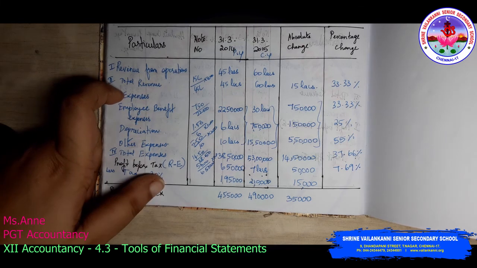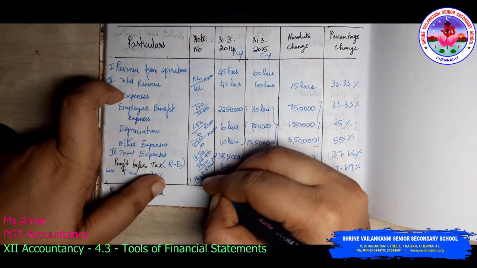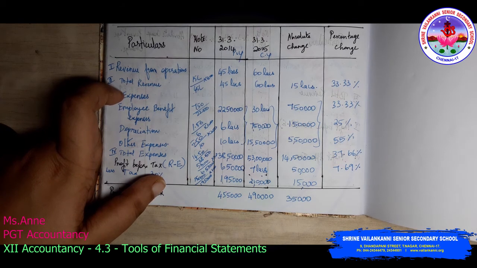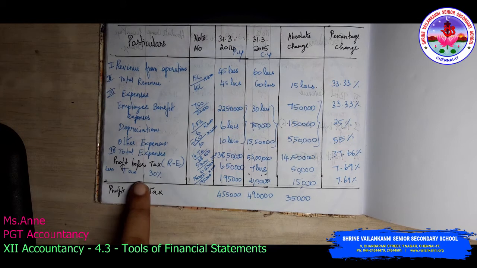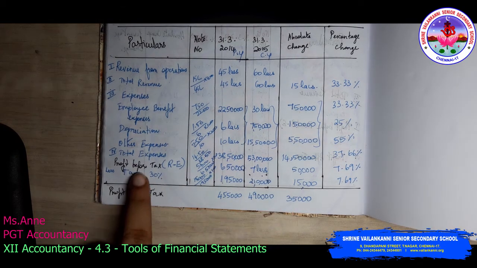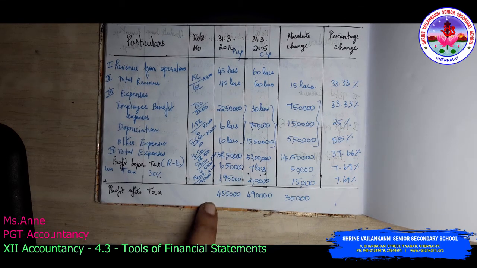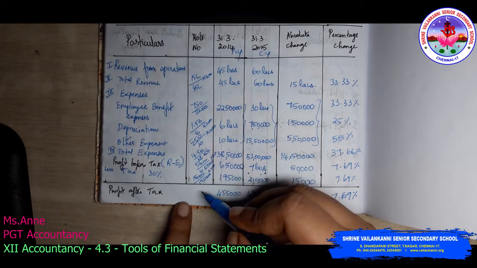Then tax, 15,000 divided by 1,95,000 into 100, I'm getting 7.69 again. Because this tax rate is 30 percentage. Then here 35,000 divided by 4,55,000 into 100, again 7.69 percentage. So the percentage change will be the same.